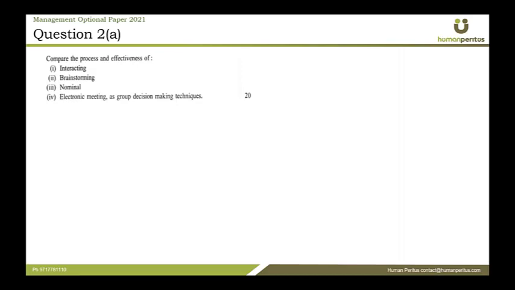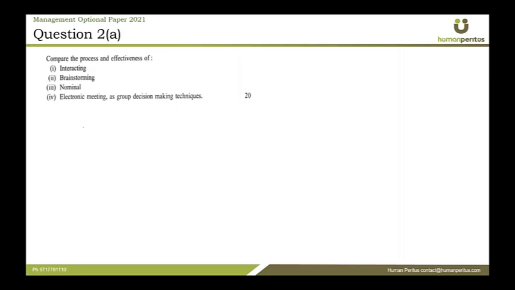Interacting is where two people or more than two people come together and communicate with each other. There can be interaction amongst people in the organization without any agenda, right? So let's say if I am sitting and working on my desk, I'll be interacting or communicating with people sitting beside me.